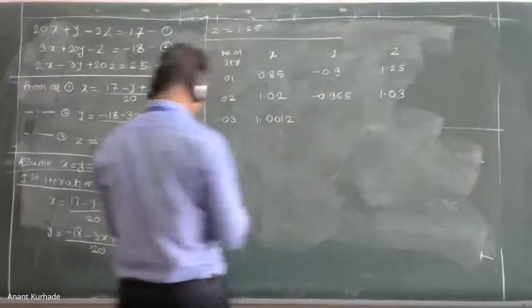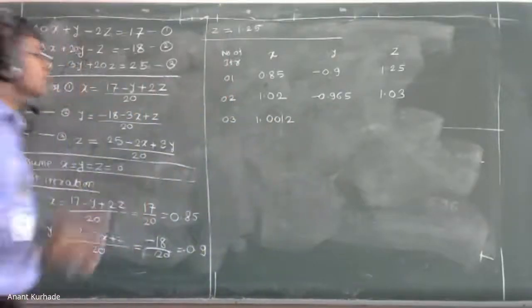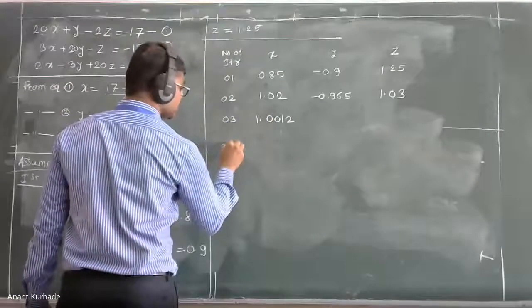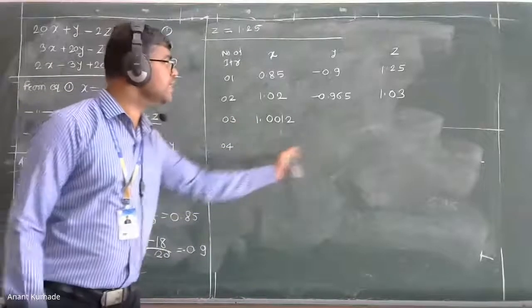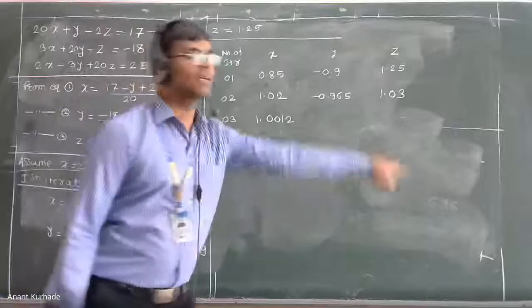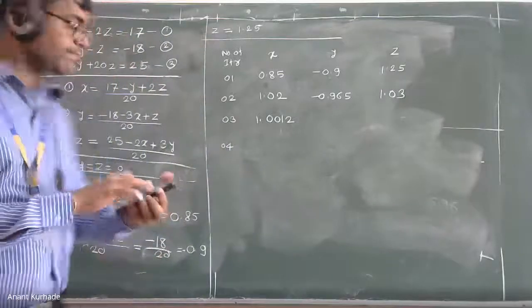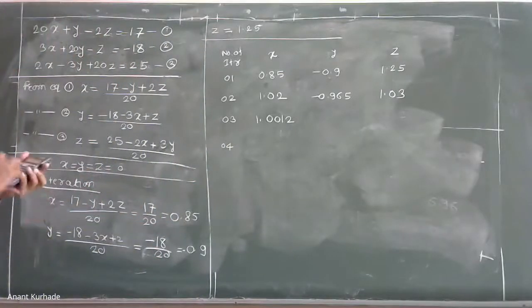What is y? After 4 iterations, you can get these answers. You can find these are whole numbers: 1, minus 1, 1. What is y? Simple. Y is minus 18 minus 3 into 1, which gives minus 0.9987.